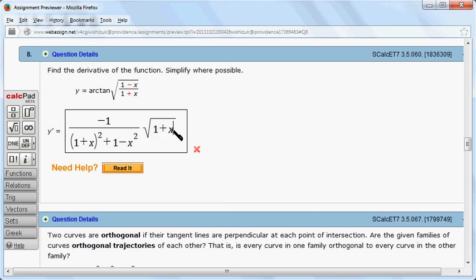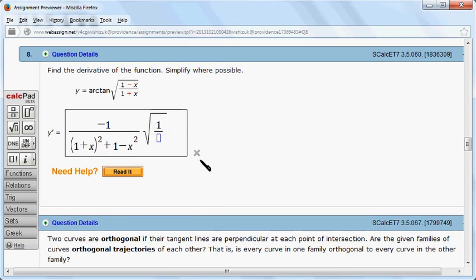Maybe I have to highlight this whole thing and use the fraction button: 1 plus x divided by 1 minus x.